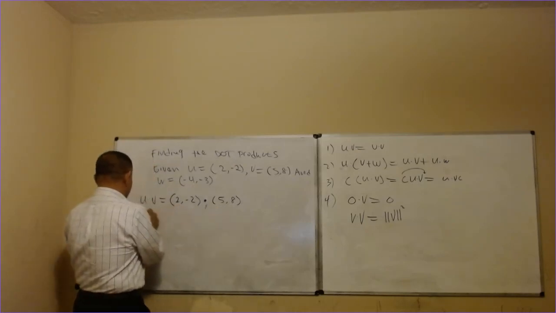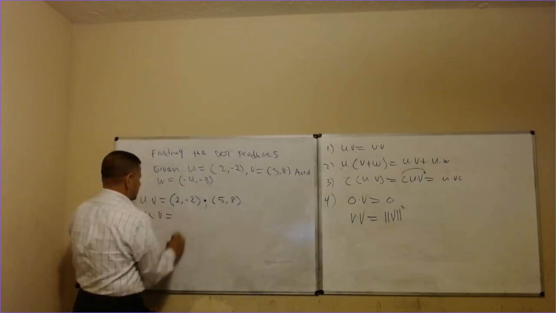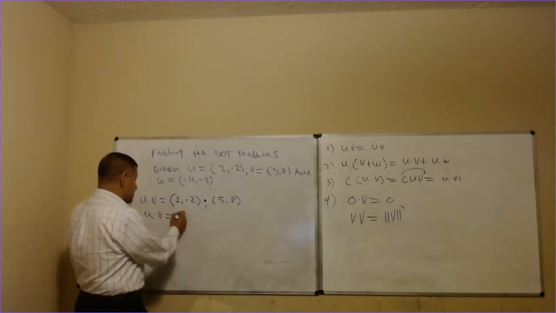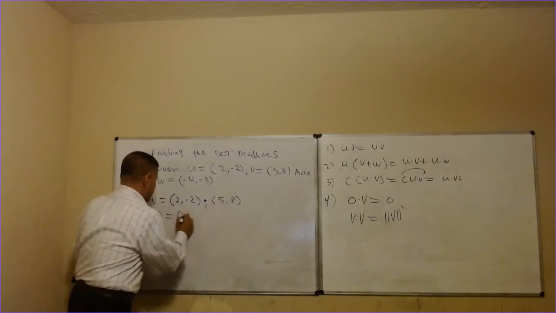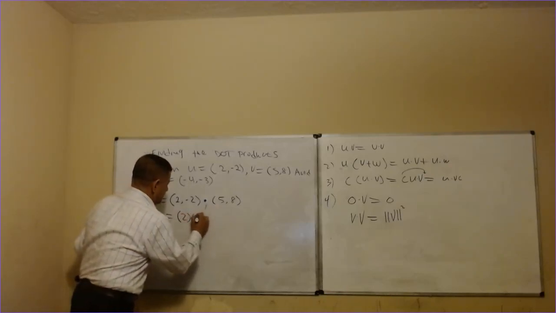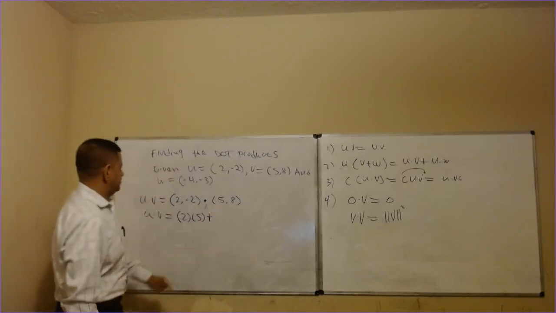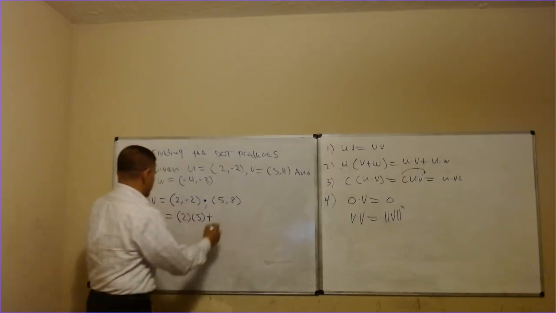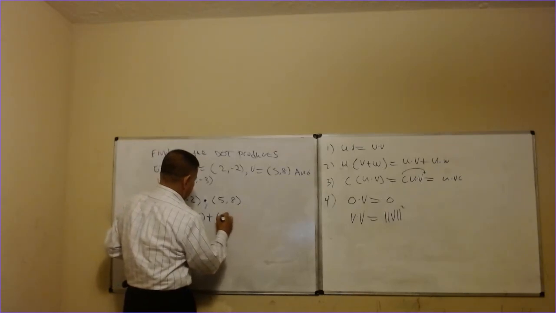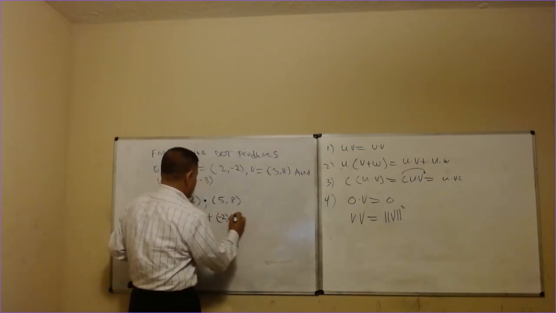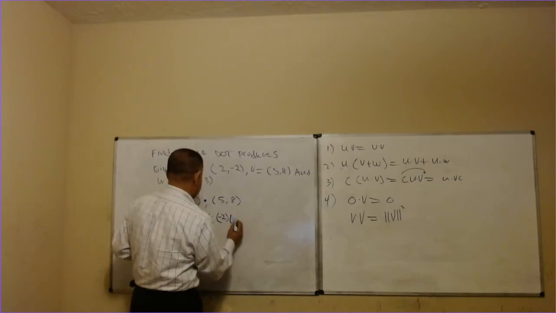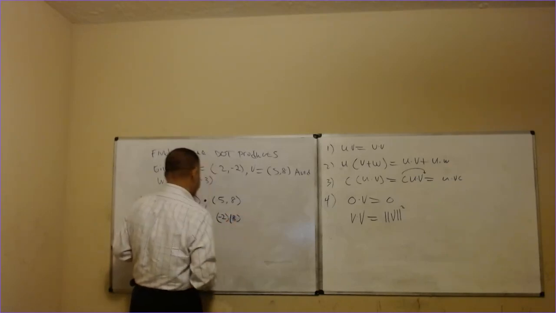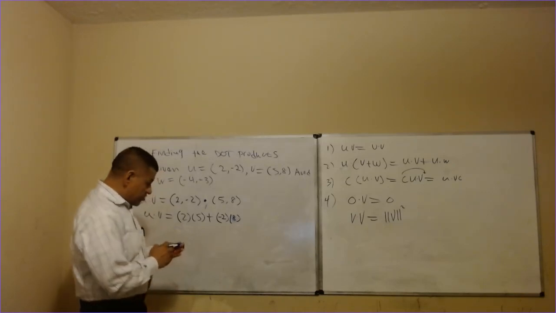Okay, so we do u dot v is equal to what? It's equal to 2 times 5 plus negative 2 times 8, right?